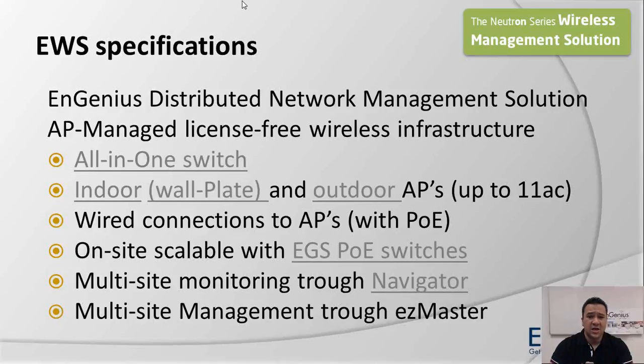So as mentioned, an EWS switch can manage up to 20 or 50 access points, depending on the model. And still the deployment is upscalable to manage multiple EWS cells through our new EasyMaster software, which is currently under development.